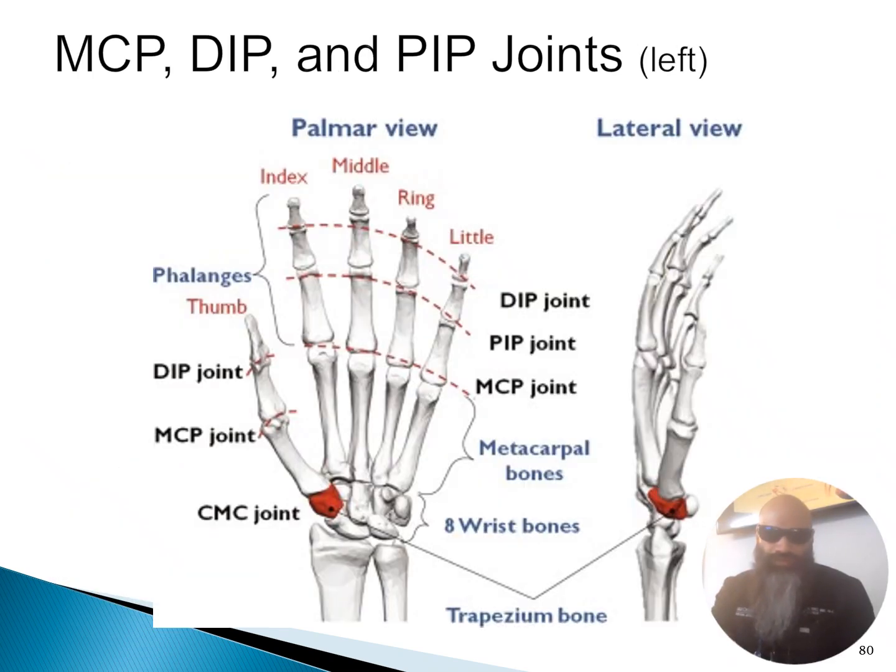So palmar view, volar view, anterior view all mean the same thing. I'm going to write that down. So this is more schematic of everything. Down here we have another joint we're just going to learn right now. This is your carpal metacarpal joint. You've got your metacarpal here. Everyone see my little red circle? Metacarpal, and then we have your carpal.